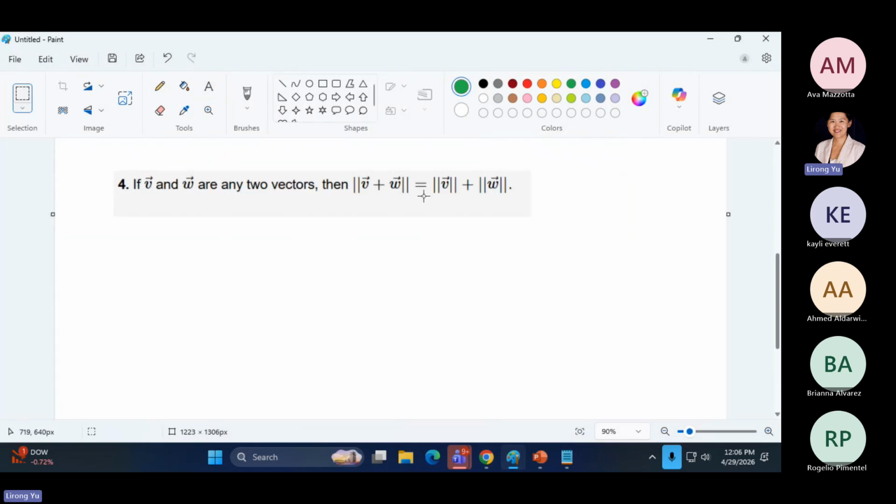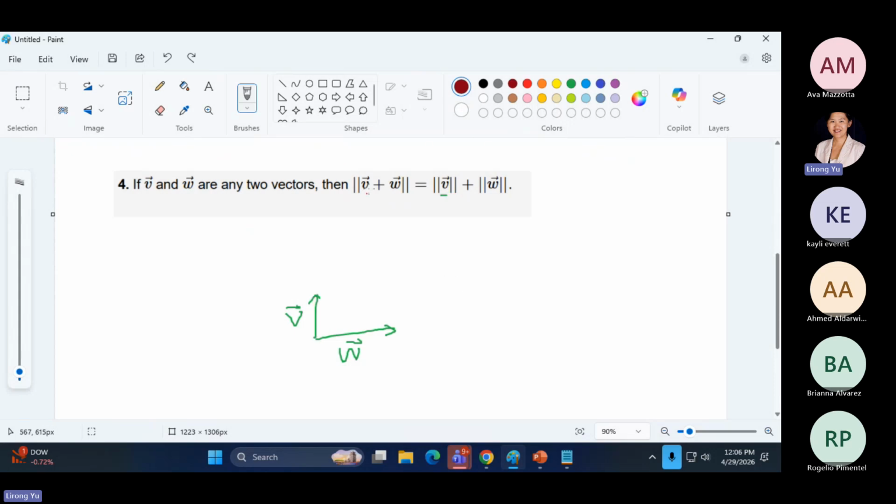Let's say this is V and this is W. What's V plus W? The magnitude of V is how long this one is, and the magnitude of W is how long that one is.